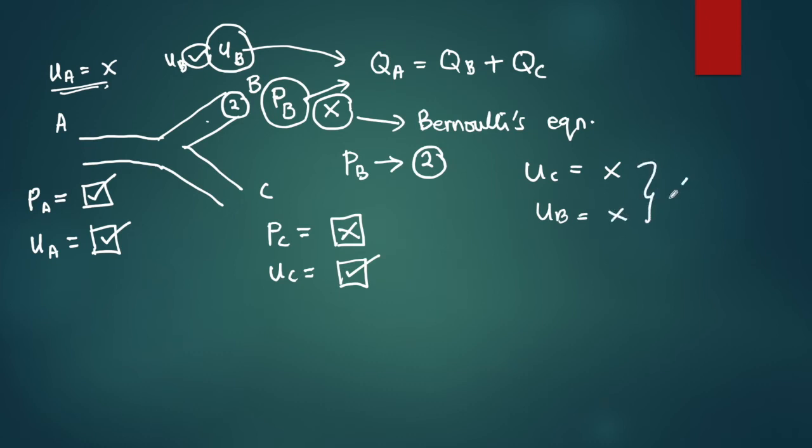Therefore, both of these points cannot be chosen. UB will remain as point 2, so you have to reselect point 1, maybe to point A. So let's say we go back to this point. Now this is PA, UA.